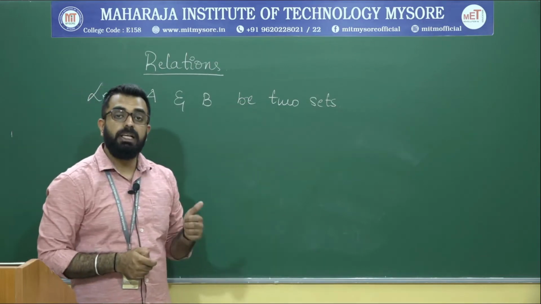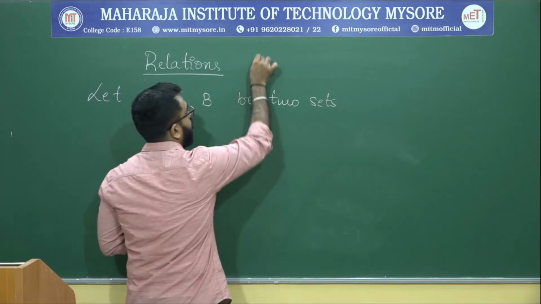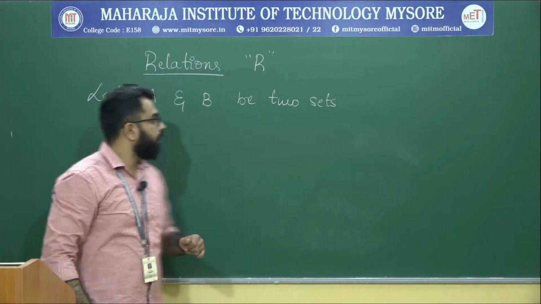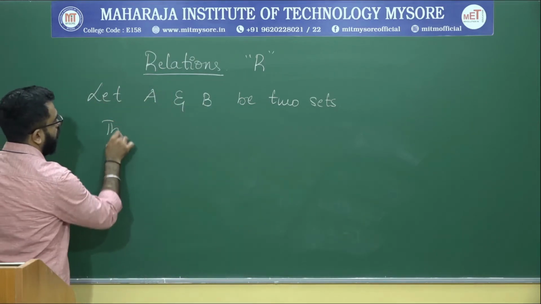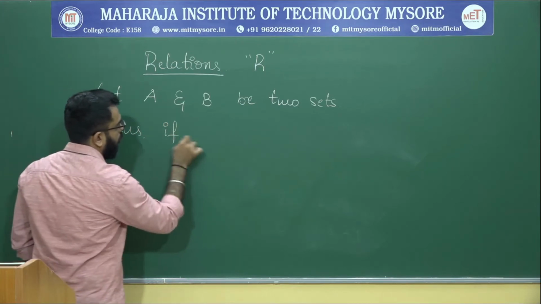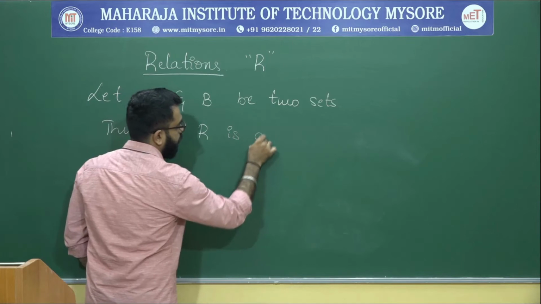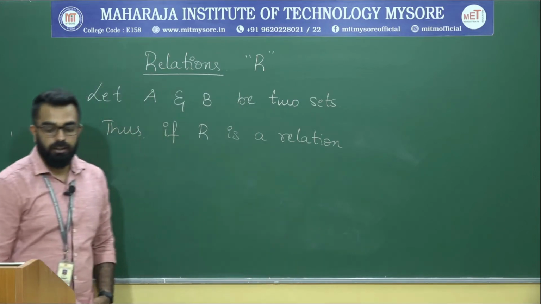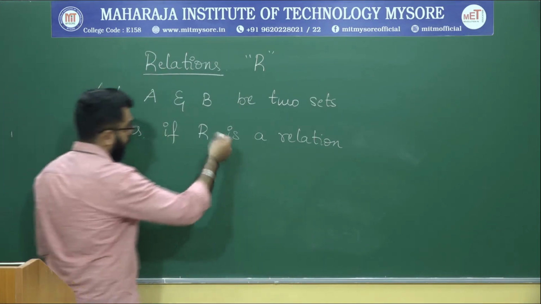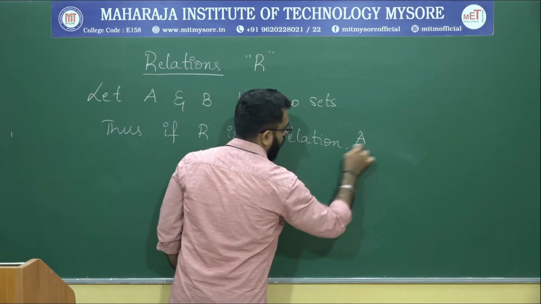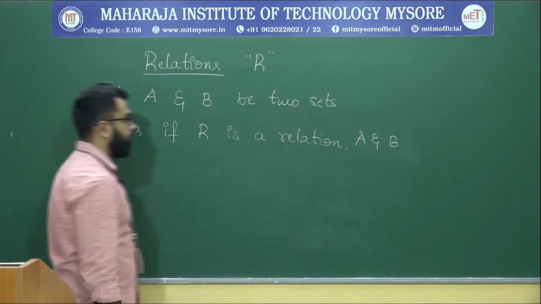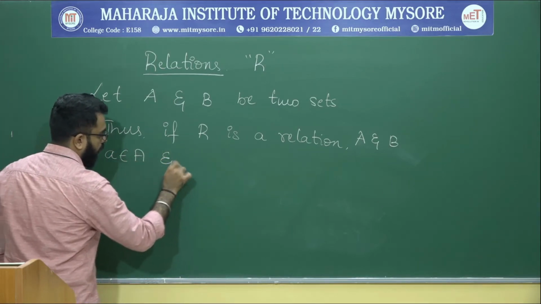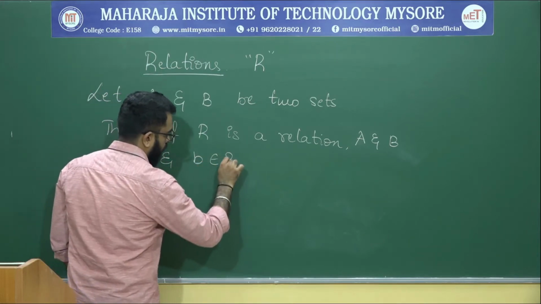Next, we represent a relation by the letter R. Now, if R is a relation defined on the same two sets A and B, then if a belongs to set A and b belongs to set B, what do we mean by this?